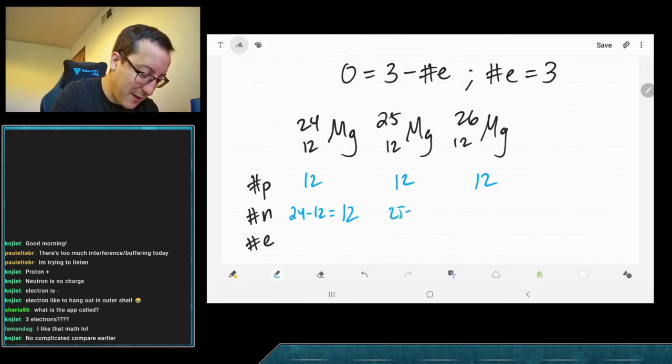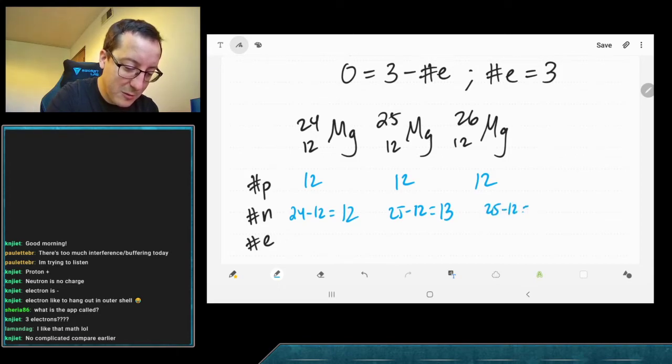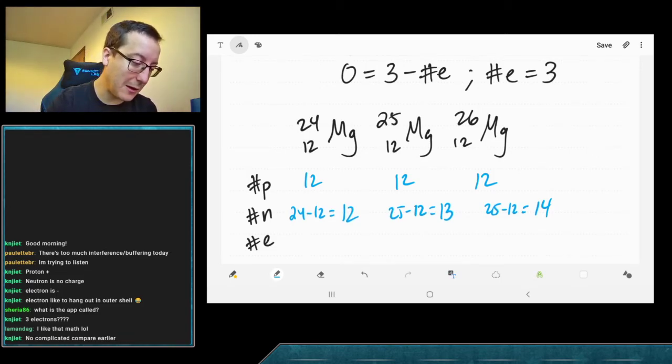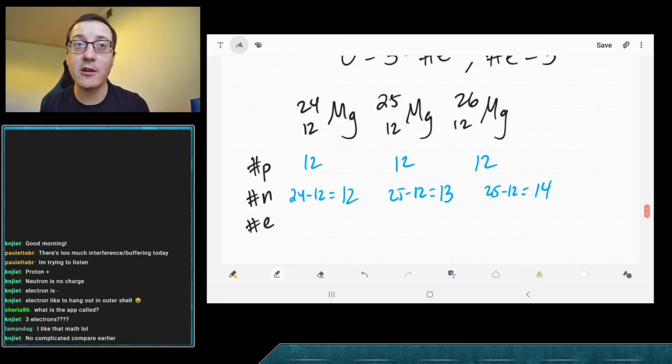This one will be 25 minus 12, so that's 13. And this will be 26 minus 12, which is 14. So it looks like we have different numbers of neutrons in these, which is totally okay. And we see that all of these are not charged.